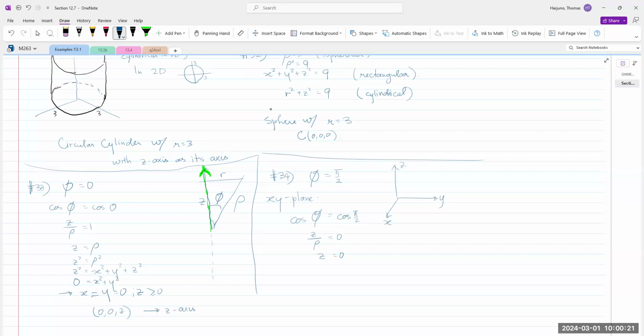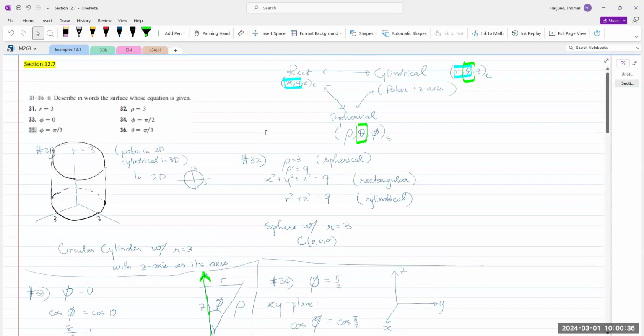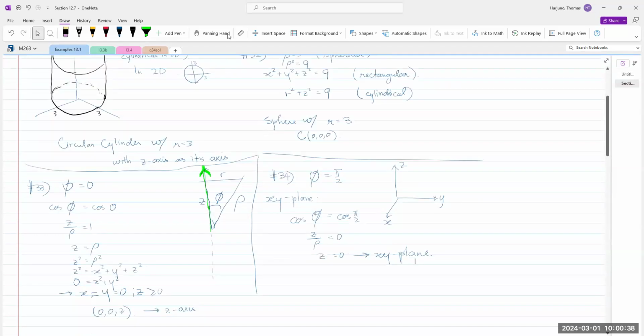Okay, now z equals 0, we know that's the xy plane.